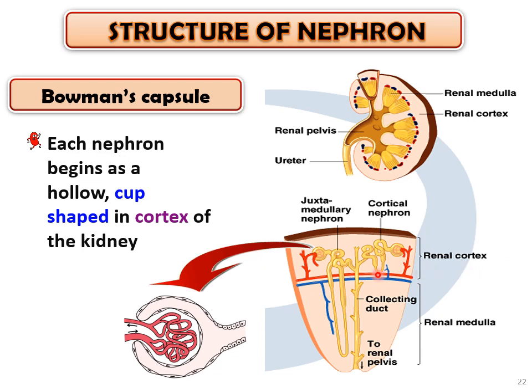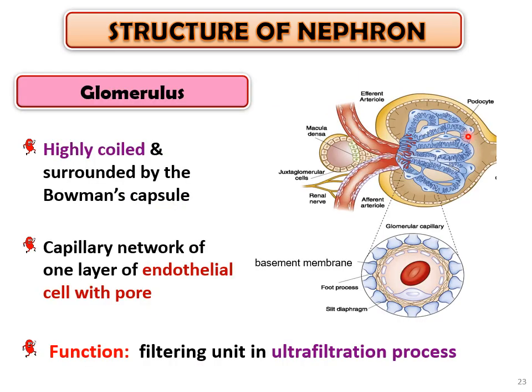So in the renal cortex, here we have Bowman's capsule. Okay, here that is the glomerulus, that is highly coiled and surrounded by the Bowman's capsule. So glomerulus is a capillary network of one layer of endothelial cells with pores, functioning as the filtering unit in the ultrafiltration process.